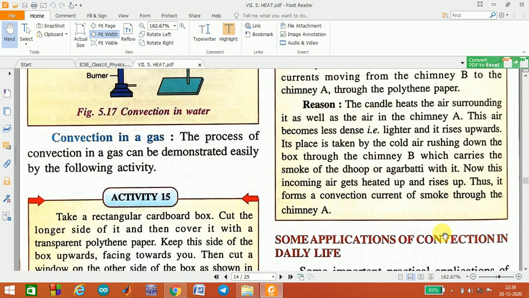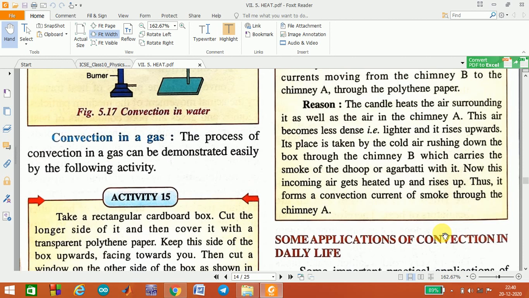Its place is taken by the cold air rushing down through chimney B, which carries the smoke of the dhoop kept at the mouth of chimney B. Now this incoming air gets heated up and rises up, thus forming a convection current of smoke through chimney A. This is the reason the dhoop smoke is coming inside B and going outside A.